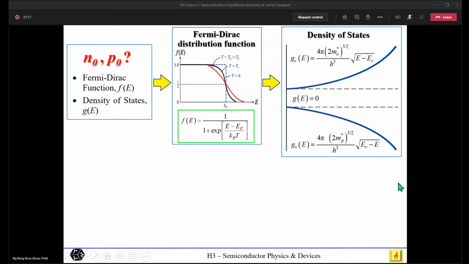The other quantity we need to know, the density of states, is inferred from the density of states for free electrons or free carriers. We can use the expression that we derived for free carriers because in the case of free carriers, the relation between energy and momentum is parabolic.